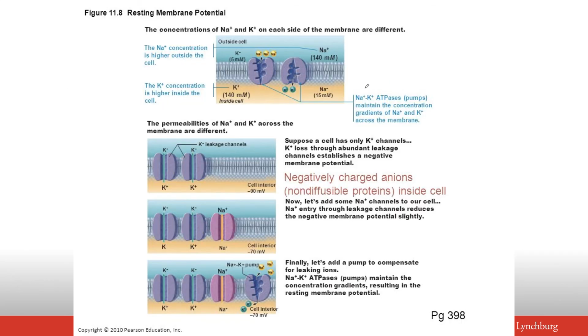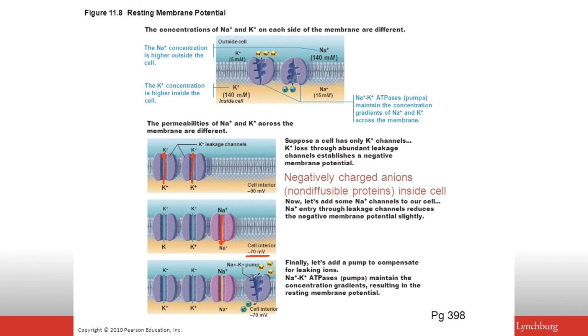So if we look at our different steps here, the plasma membrane is much more permeable to potassium. So potassium is constantly leaking out through the slow leakage potassium channels. We also have leakage sodium channels, and sodium diffuses into the cell down its concentration gradient, giving us a resting membrane potential of -70 millivolts.